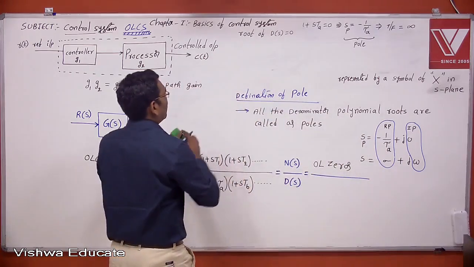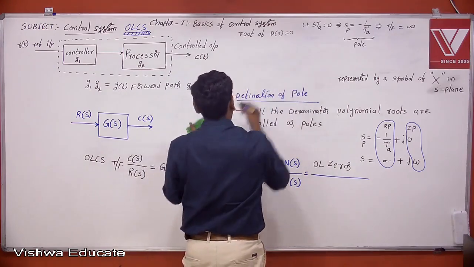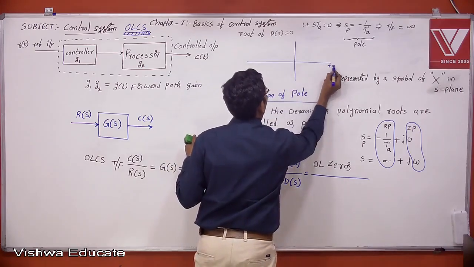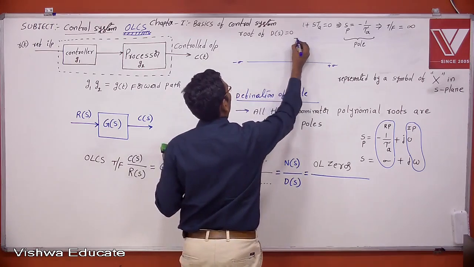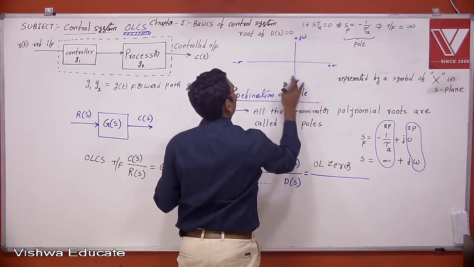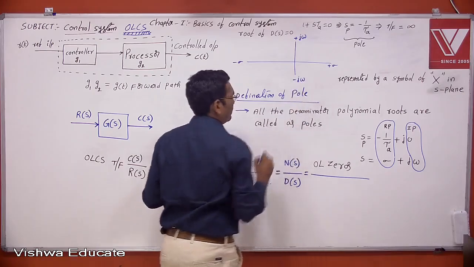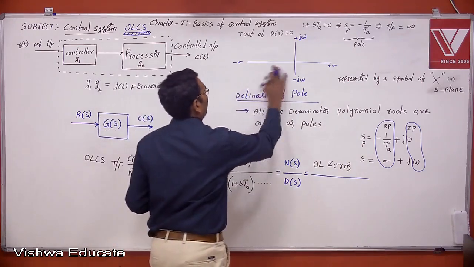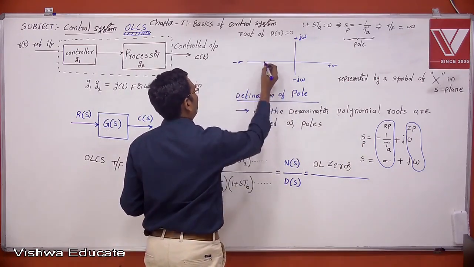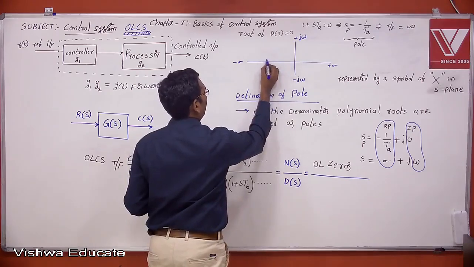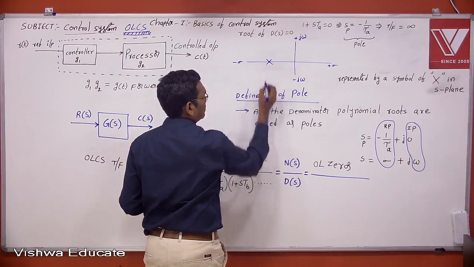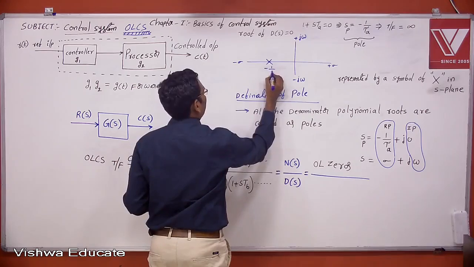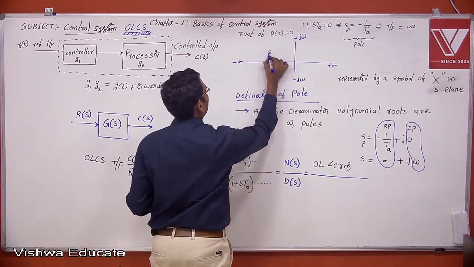When there is a negative real part, you first come to the left hand side. Negative real part means left hand side. No imaginary part, only negative real axis with a symbol of cross in the S-plane. Therefore, this is the representation of pole, and this is the symbol of pole.